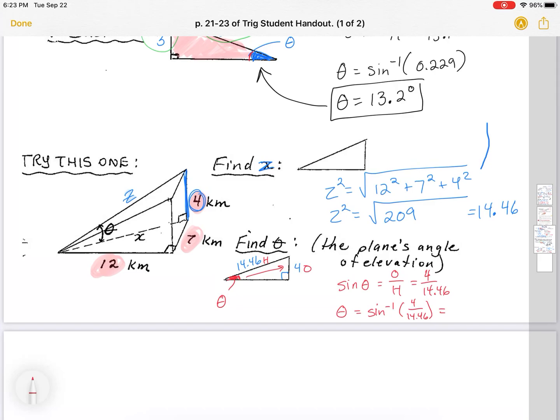So theta is equal to sine inverse of 4 over 14.46, which is equal to, let me figure that out. And I get 16.1 degrees for my angle in that triangle.